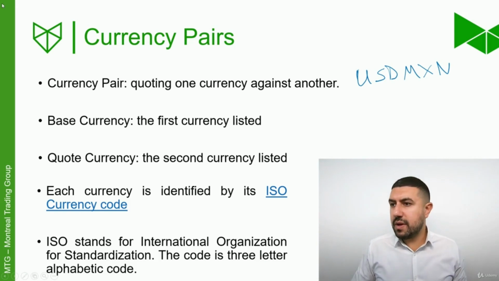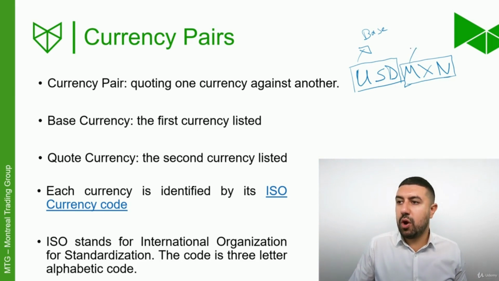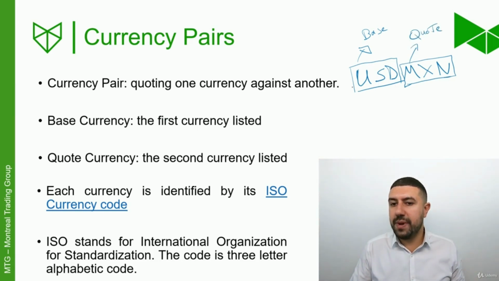Well, we would have said that this here, the USD, this is what we would call our base currency, okay? It's our base currency. And the Mexican pesos is our quote currency, okay? So this would be the base currency and this would be the quote currency, okay?